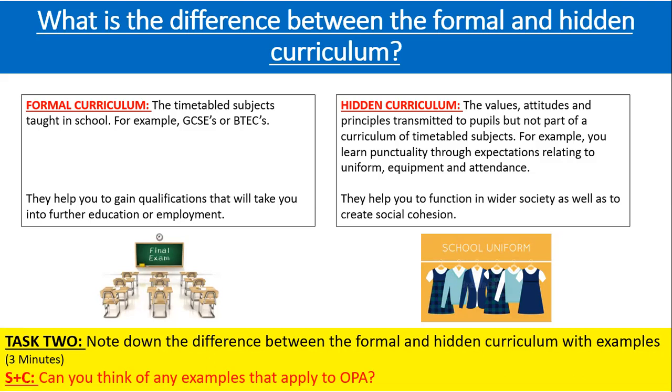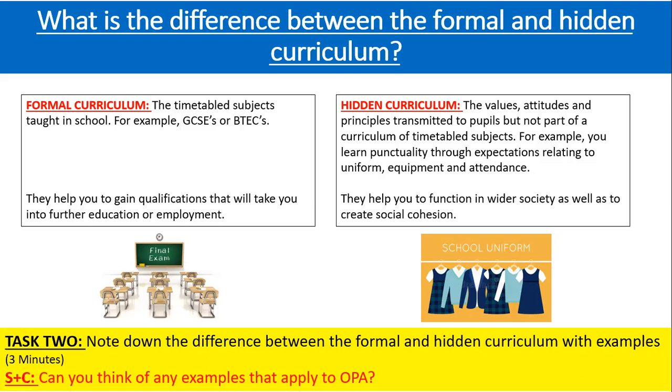Okay, so just pause the video if you need to, write those down, preferably come up with an example. So if you need one, formal curriculum, you could say you are studying GCSE sociology. Okay, so that is you learning through a formal curriculum there.